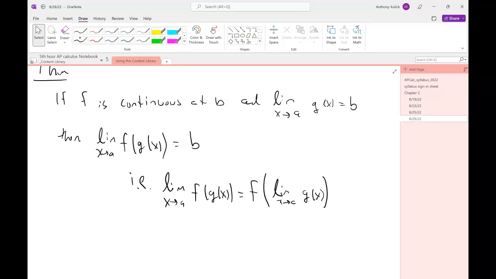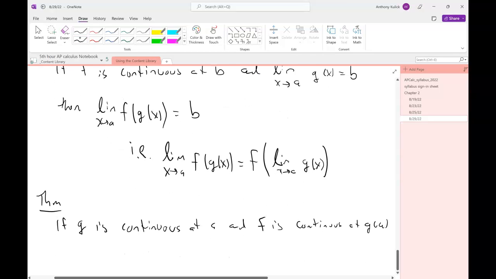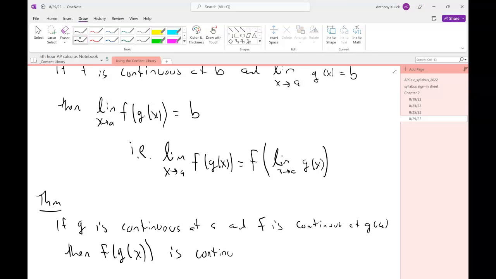Taken together, we can then say if g is continuous at a and f is continuous at g of a, then f of g of x is continuous at a.